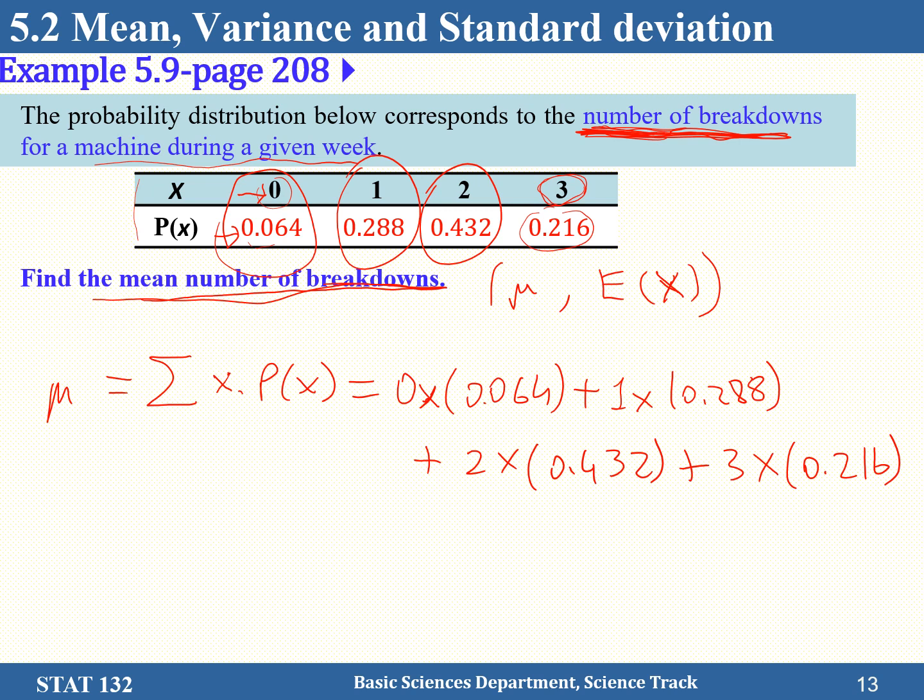Then you can use a calculator to find the solution here. So you will get 1.8.